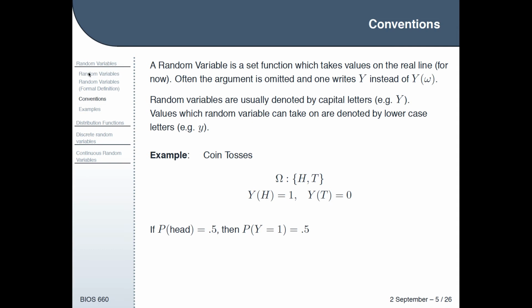This illustrates the fact that you can define probabilities on your random variable in addition to probabilities on your outcome variable. We can say the probability of heads is 1/2, but we can also say that the probability of the random variable y equal to 1 is also equal to 1/2.